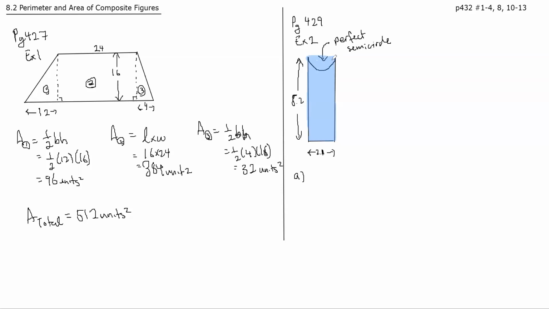Well, how do you calculate how much we need to, quote unquote, bite off so that it's not counted? Well, again, pretend we took some scissors and we cut a perfect semicircle out of it. So in essence, subtract half a circle from a whole rectangle.